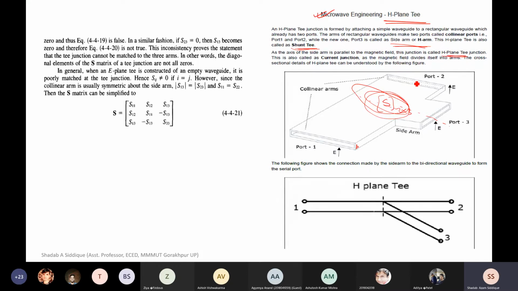Now you can say we are applying the electric field in this fashion, so the magnetic field will be in this fashion. The magnetic field is parallel to the axis of this side arm.